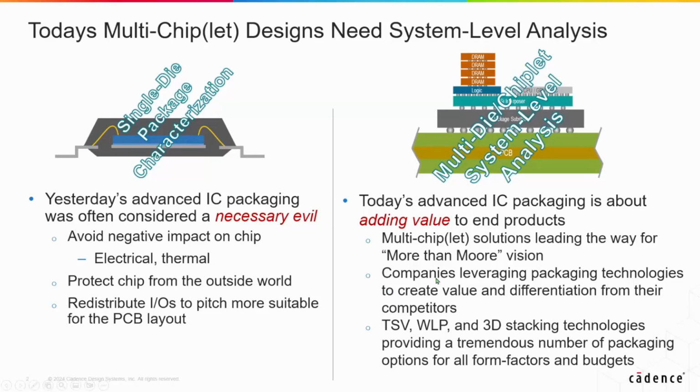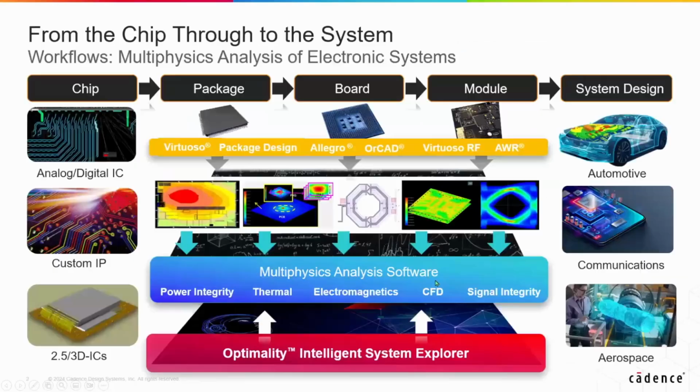We'd like to discuss how you can make that whole design process more efficient. And the way that we expect you can do that at Cadence is by being part of a complete multi-physics analysis of electronic systems flow.